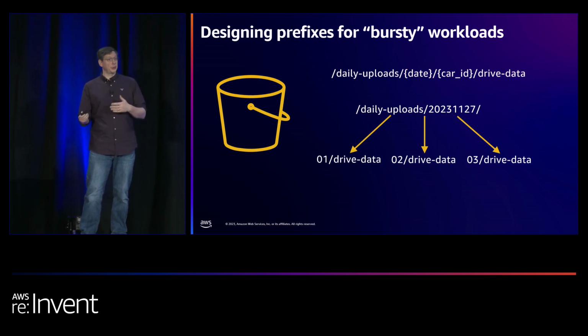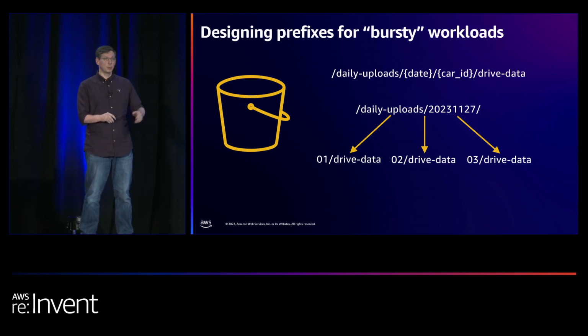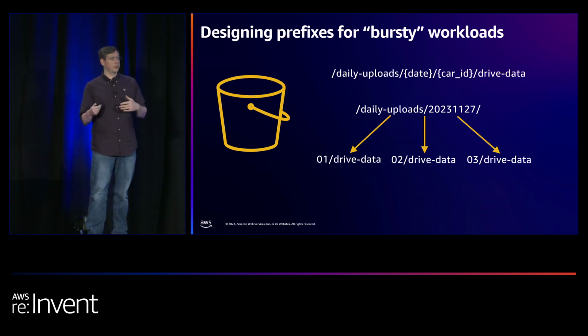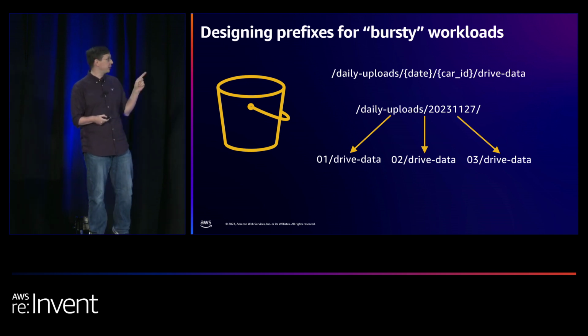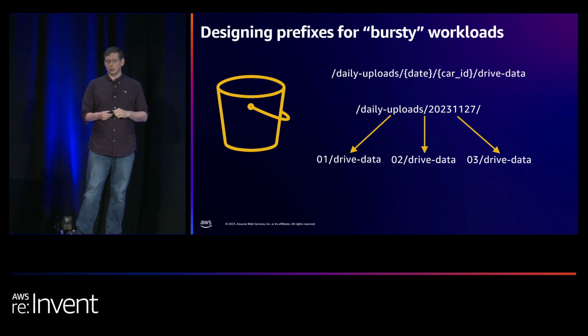Now, 6 or 6:30 in the evening rolls around, and all of the folks driving our cars are arriving home. And those cars want to start uploading their drive data. And as we sell more and more of these cars, we're going to see more and more TPS against this shared prefix, which in today's case will be the date. Now, these vehicles, as they grow, may start to see some 503 slowdown errors come from S3.